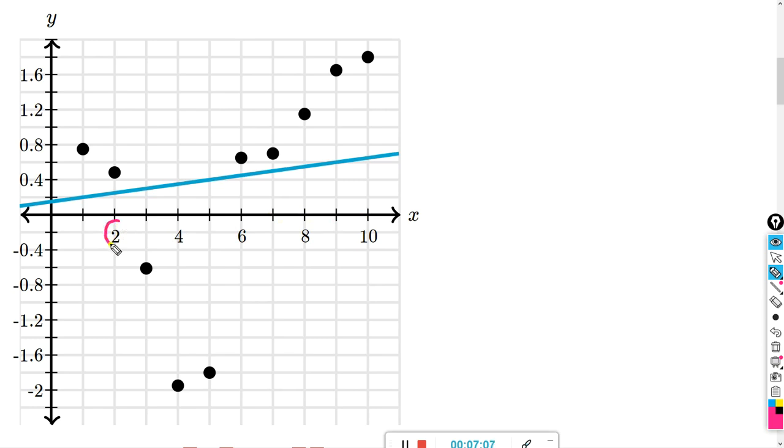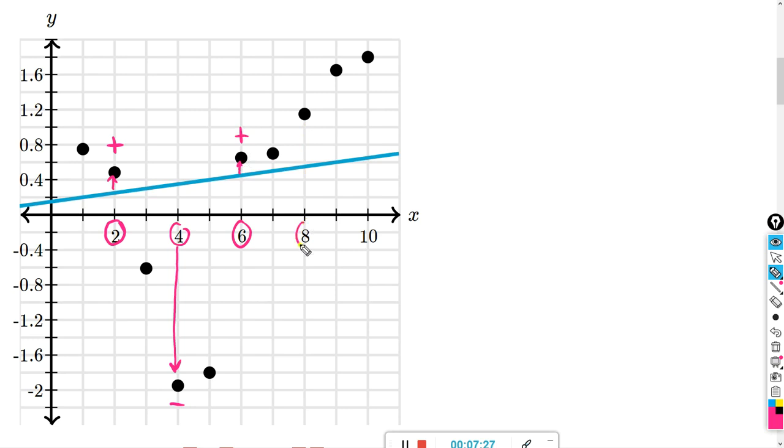At x equals 2, the dot is above the line, so the residual is positive. At x equals 4, the dot is way below the line, so it's negative. At x equals 6, the dot's above the line, that's positive.